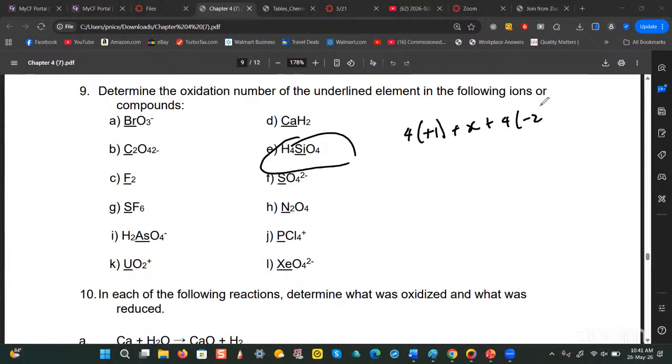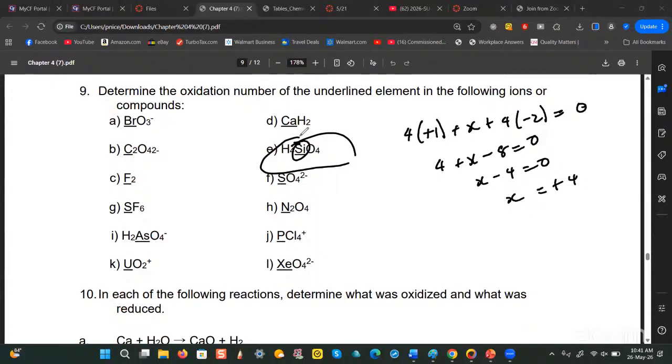And because the entire thing is neutral, we set that equal to 0, right? So that's 4 plus X minus 8 equals 0, which means that X minus 4 is equal to 0, which means that X is equal to +4. So the oxidation number of silicon is +4. All right? And that's basically how you're going to do the others.